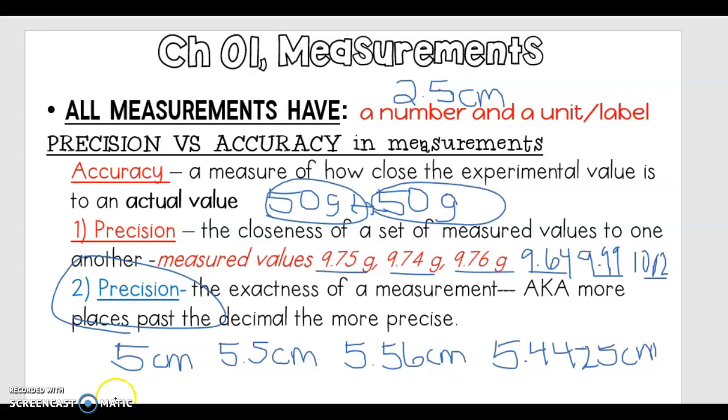If your builders and your contractors are using measurements that are very imprecise, not precise at all, then all of the things that they are redoing and putting back into your kitchen or bathroom are not going to fit. So the more places past the decimal in a numerical value or in a measurement, the more precise or more exact the measurement actually is.